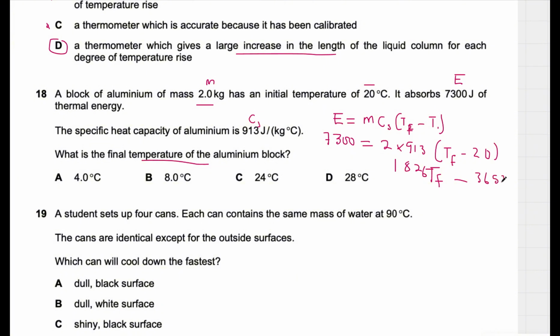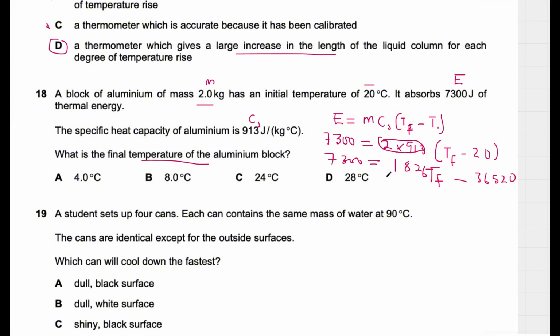What we got here, which is 1,826, we use it to multiply everything inside the bracket. So everything goes to 7,300. The next step is to move this negative 36,520 across, and this way it will become addition. So bring it this way and add it first.